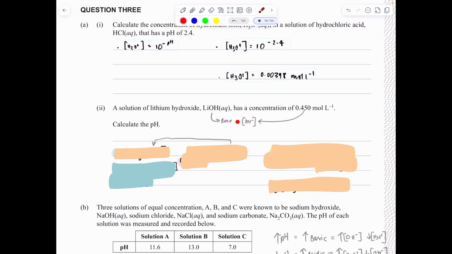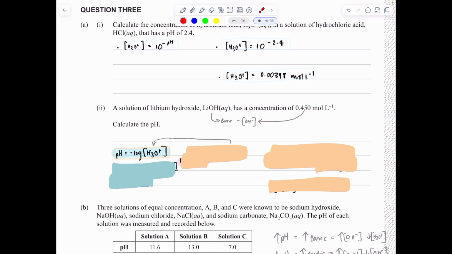So we cannot use this concentration of OH in our pH equation. So we have to find out the H3O+ concentration based on the OH concentration over here.